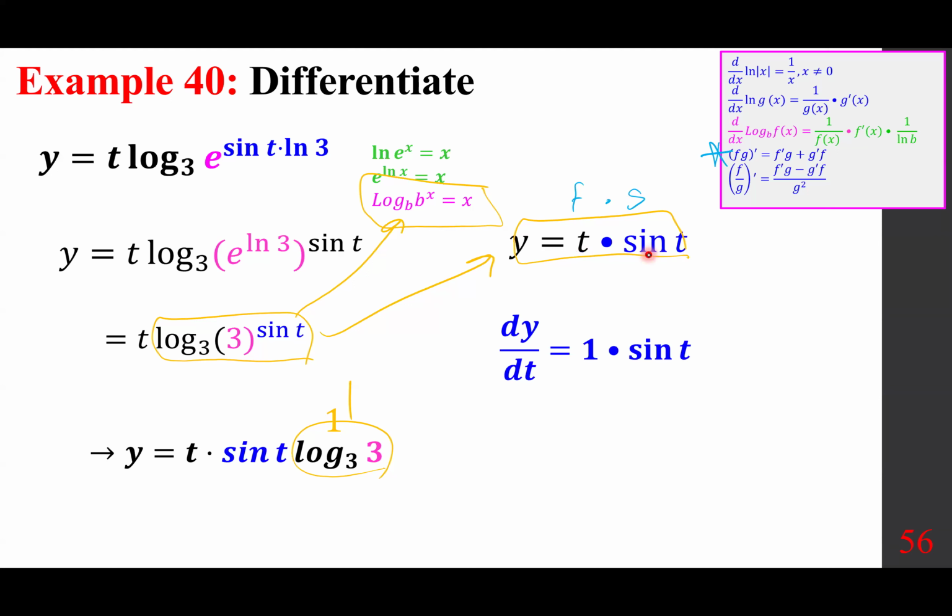And then sine gives you cosine t times t. You just rewrite it by this one getting rid of the 1, this one putting the t in front. And the final answer, y prime, is sine t plus t cosine t. That's all there is to it.